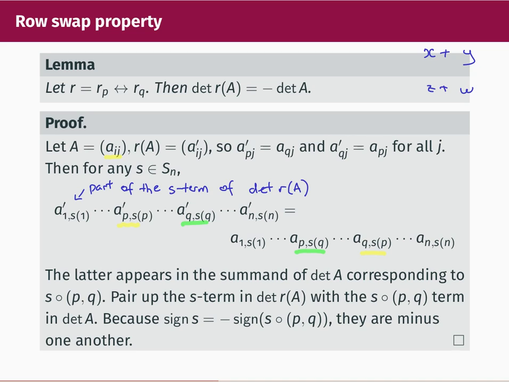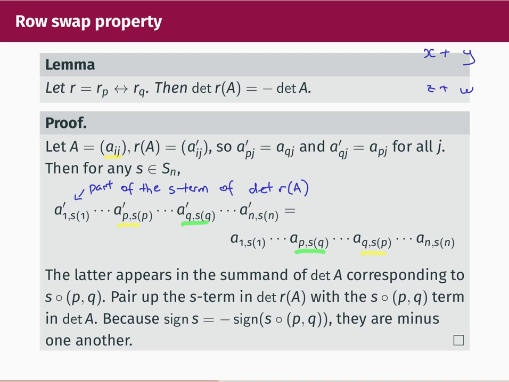So what you've got on the right there is almost the term in the determinant of A, missing its sign, corresponding to the permutation S. But it's not quite right, because after 1 you've got S of 1, okay, and after N you've got S of N, that's also right.